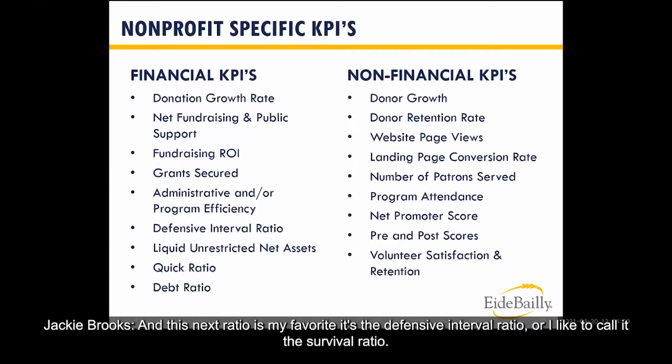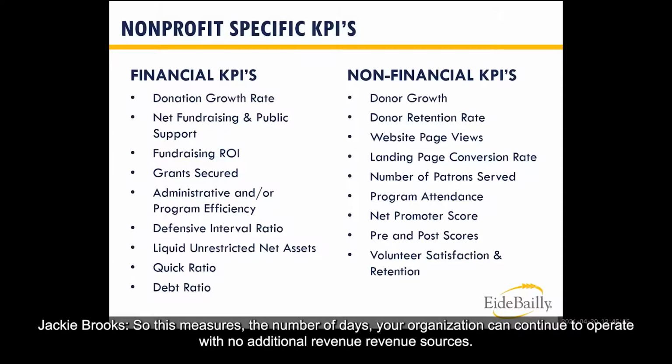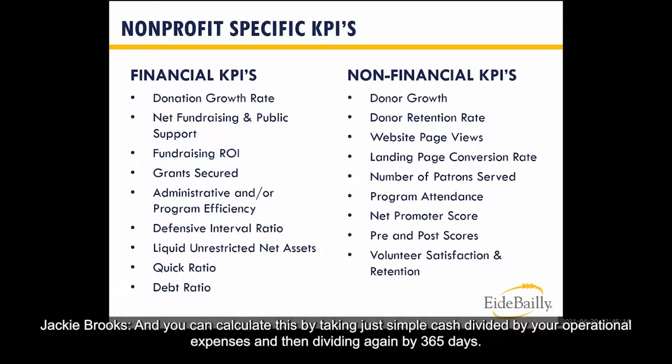This next ratio is my favorite. It's the defensive interval ratio, or I like to call it the survival ratio. So this measures the number of days your organization can continue to operate with no additional revenue sources. You can calculate this by taking just the simple cash divided by your operational expenses, and then dividing again by 365 days.